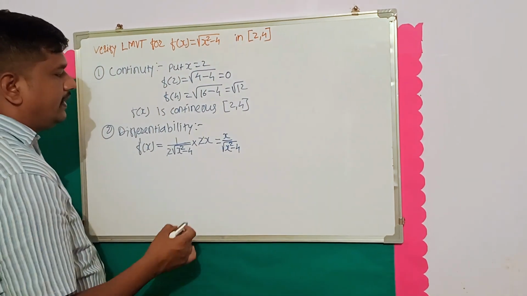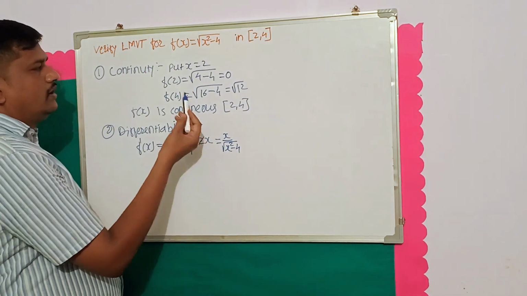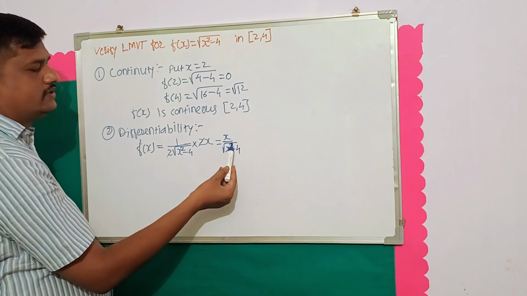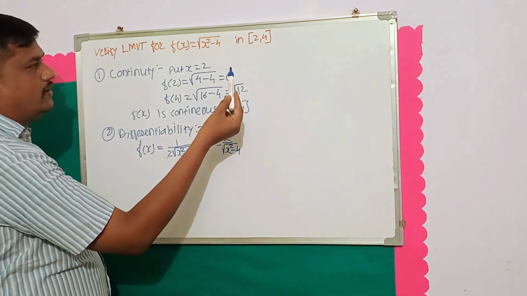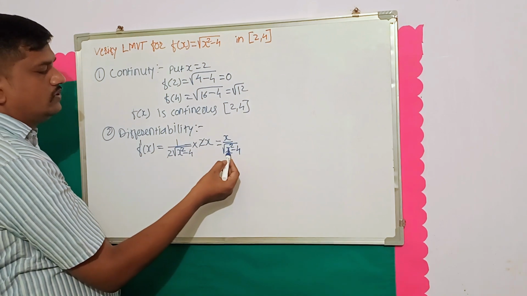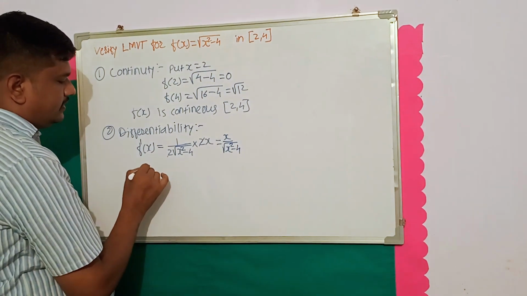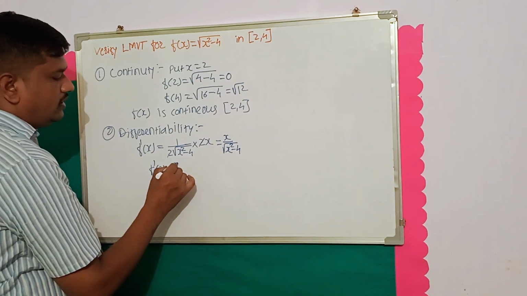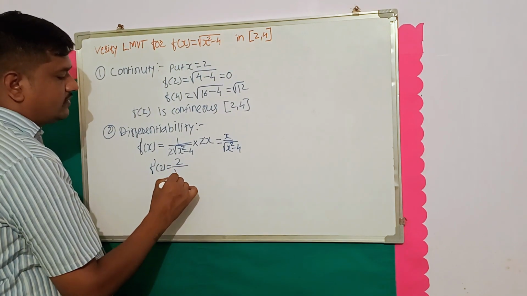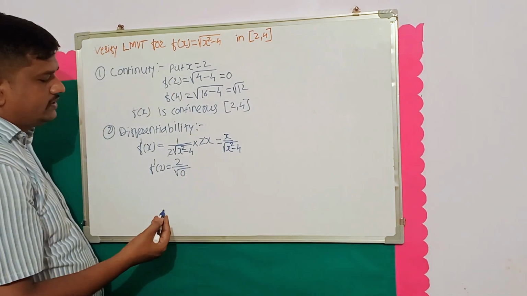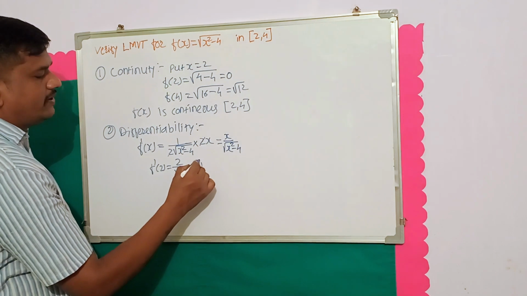If I put the value of x as 2, f dash of 2 is what? 2 divided by square root of 4 minus 4, which is 0. So root of 0 is 0, and this is an indeterminate form.